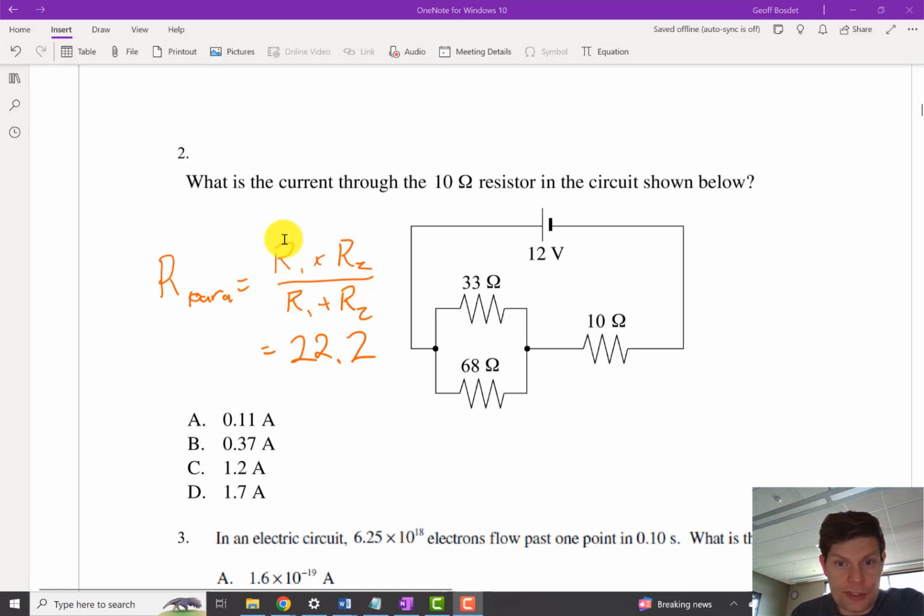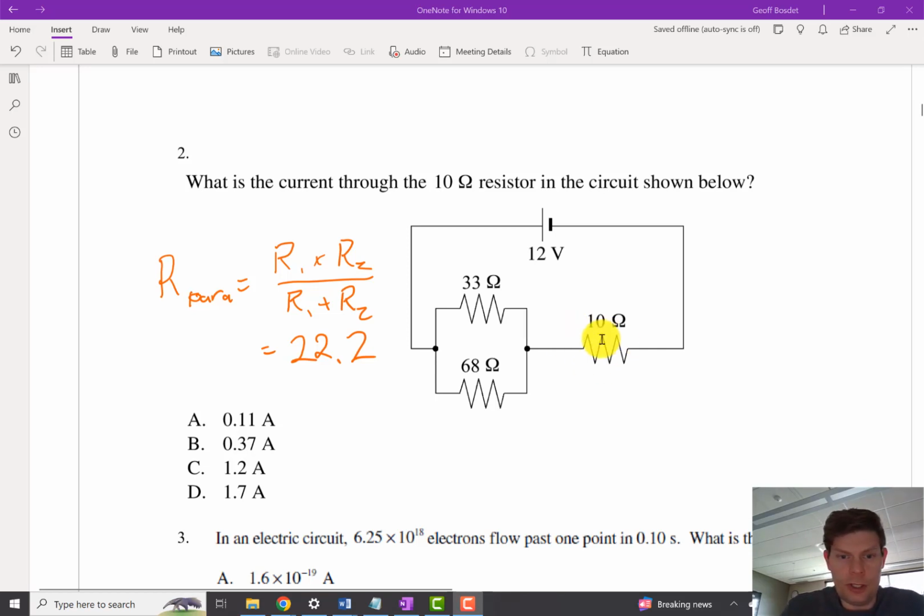This is a parallel resistance formula just to find the equivalent resistance of this section. Turns out this has a net resistance of 22.2 ohms. So our total resistance would be the resistance of the parallel section plus the resistance of this series guy here.